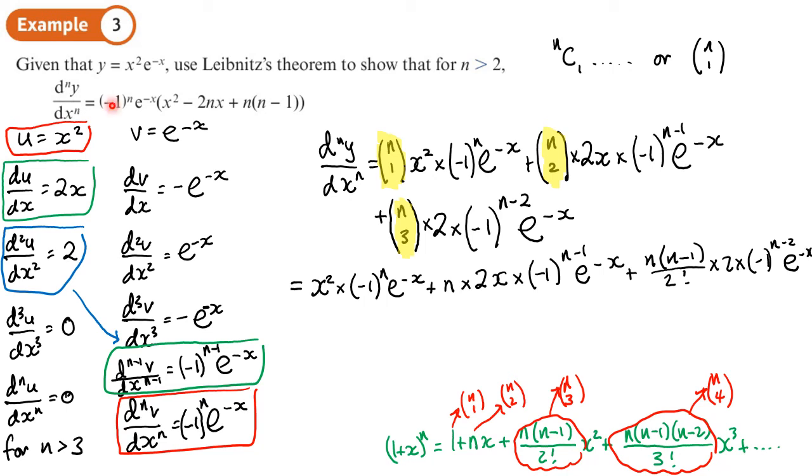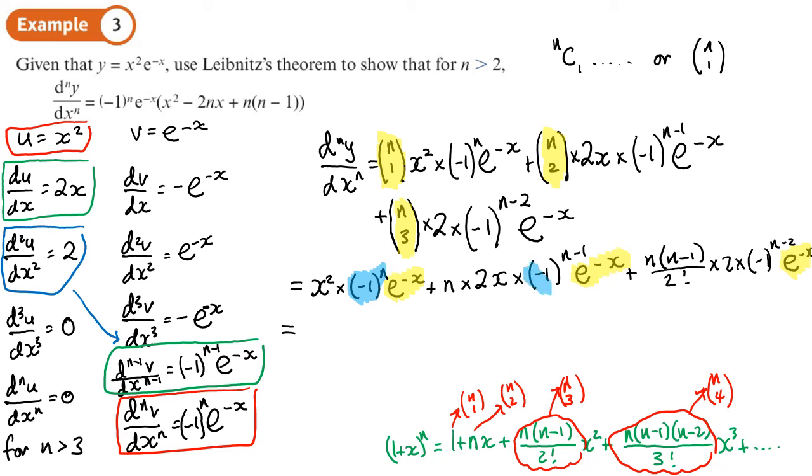Now, if we have a look at what we've got here, can you see that the (-1) to the power n and the e to the minus x have been taken out as factors? So that's what we're going to do. We'll take those out as factors. Now let's highlight them. That's going to be taken out as a factor because every term has e to the minus x in it. And also this is going to be taken out as a factor, and that's fine there.